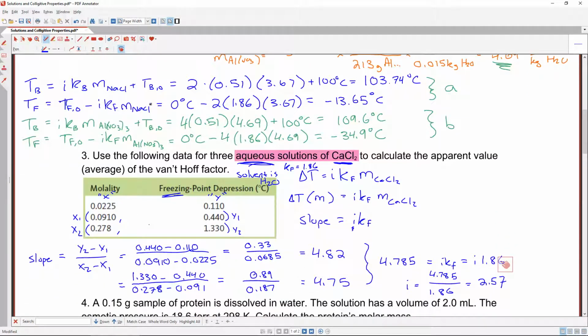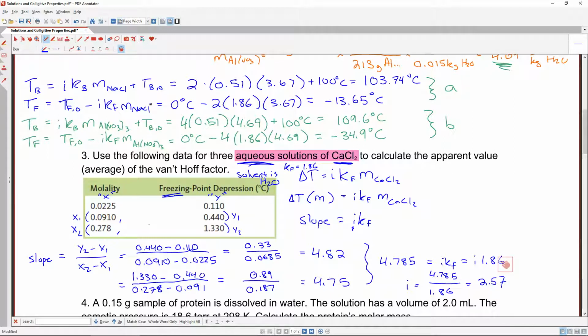So we could argue that maybe not all of the calcium chloride dissociated, in which case the van 't Hoff factor is at a maximum 3, because it definitely can't split up into more than 3 ions. A lot of it split apart and became 3 ions, but maybe much of it stayed together.